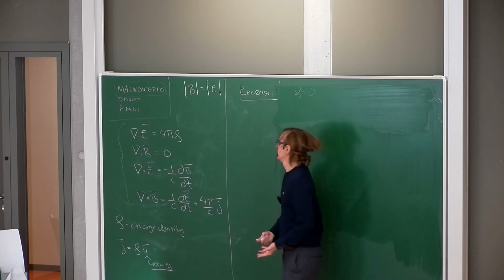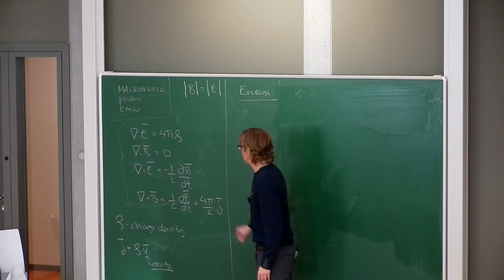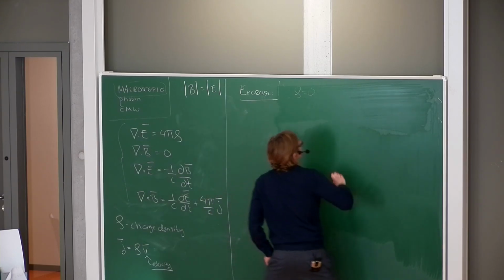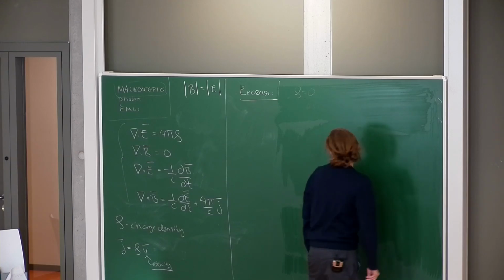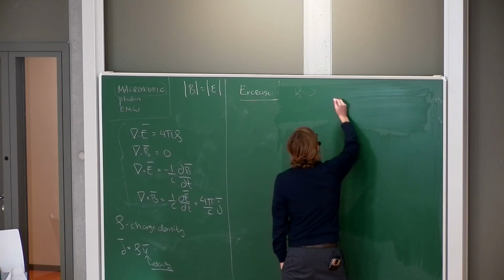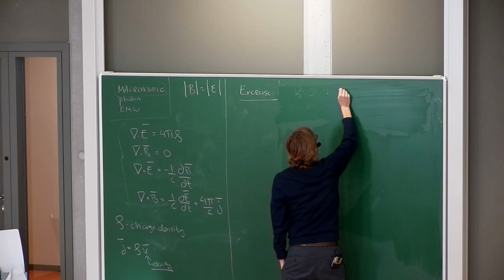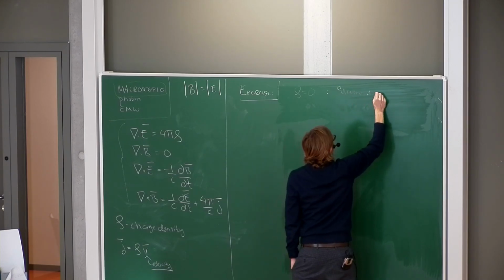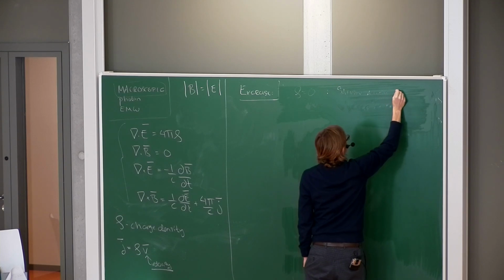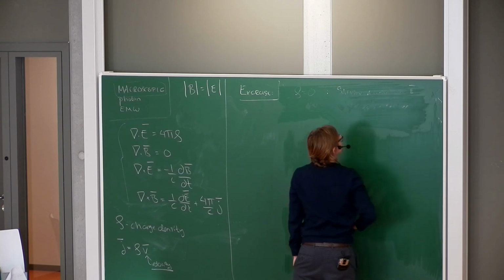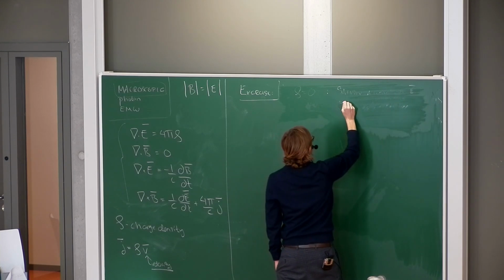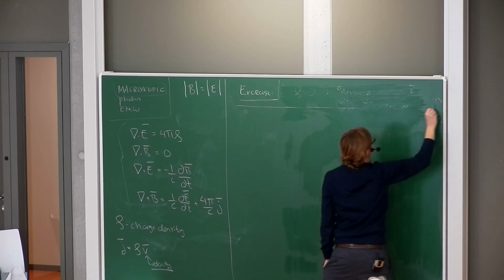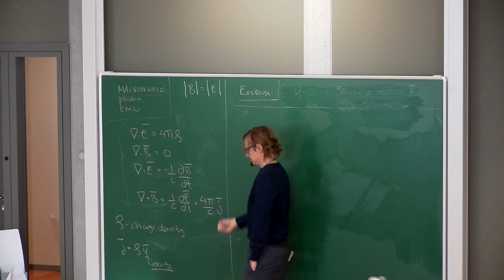If you set that to 0, then you can show from these equations, using some vector identity, that Maxwell's equations satisfy a wave equation for E, but also for B, of course, with the speed of light c. That's the whole thing.